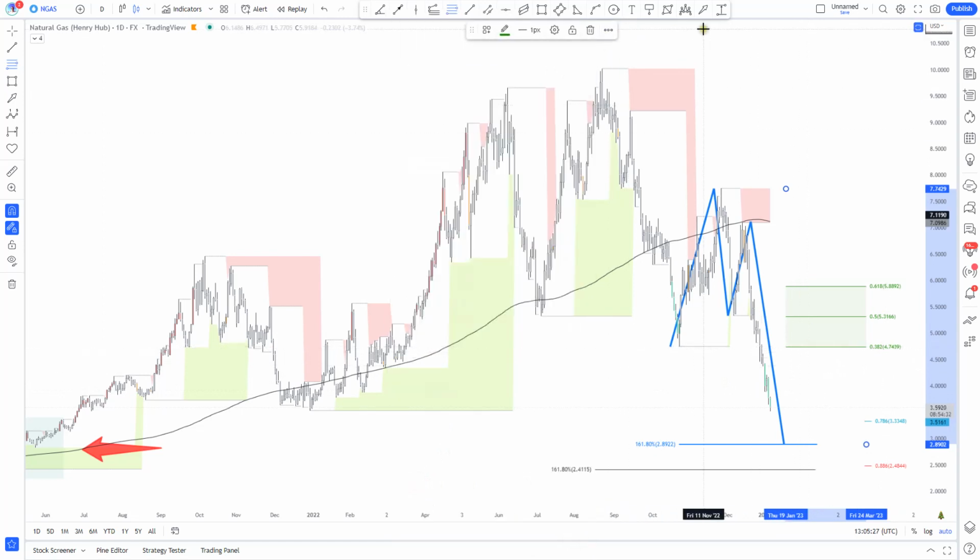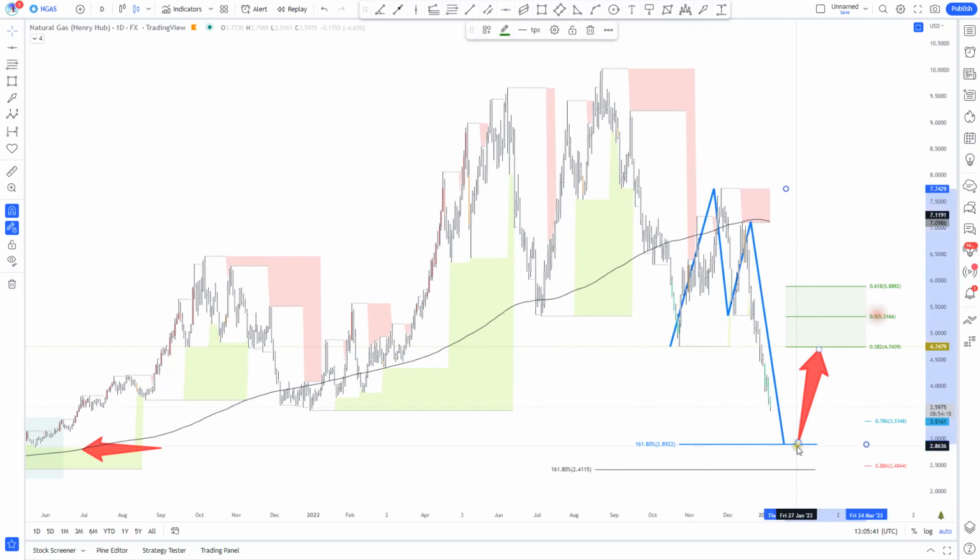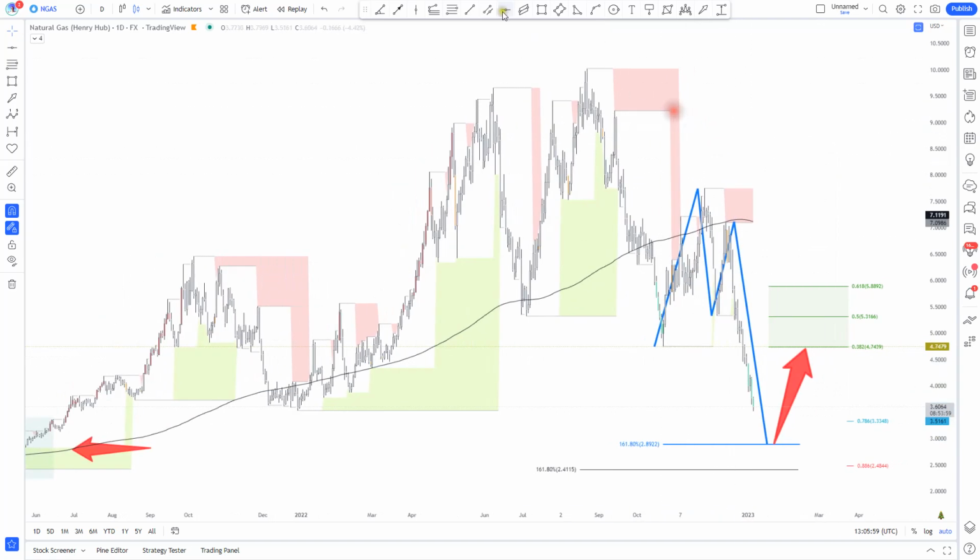Basically, the formation of this pattern will suggest a retest of this support level. As you can see, it nails the 38% Fibonacci retracement, and will nail the previous structure support at 4.74. So I will not be surprised to see the formation of this bullish crab pattern and then a retest of the previous lows.